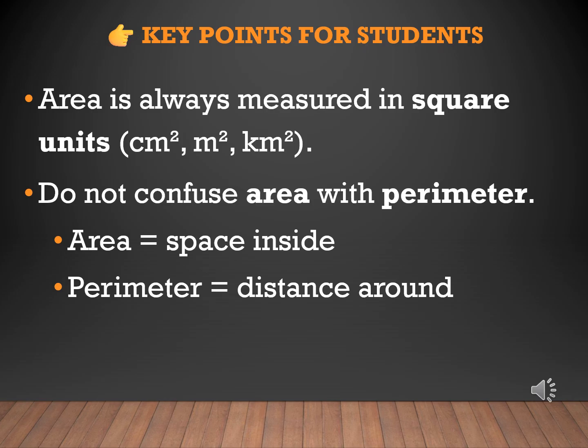Students, always remember, area is always measured in square units. Do not confuse area with perimeter. Area is the space inside a polygon, whereas the perimeter is the distance around the polygon.